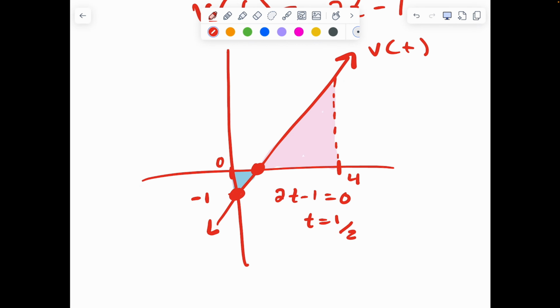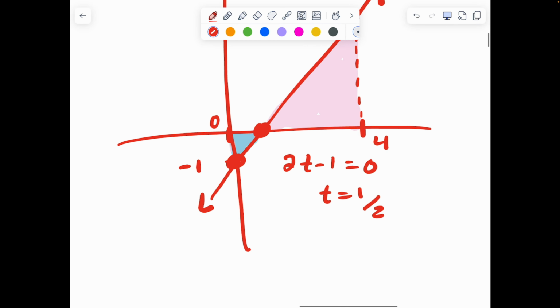You can also think about this in terms of what the actual values are in this picture. So traveling from here to here is -1.